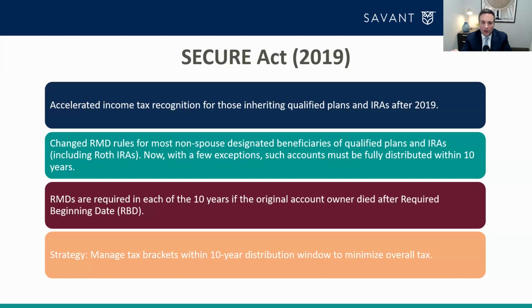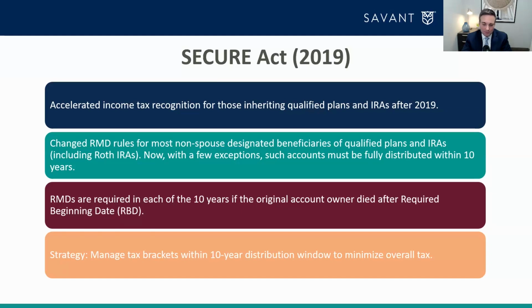If you are subject to this 10-year rule, and the original IRA owner died after they were required to start taking distributions, after they'd reached RMD age, then you will have a required distribution in each of the 10 years based on your actuarial life expectancy. But again, the 10th year is the maximum outer limit that you can keep the account open. So all of the income eventually has to be realized within this 10-year time period, unless you're considered an eligible designated beneficiary. And we'll give you a sense of those categories on the next slide.